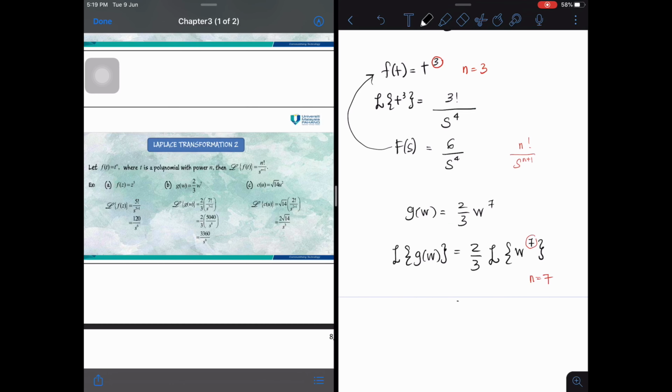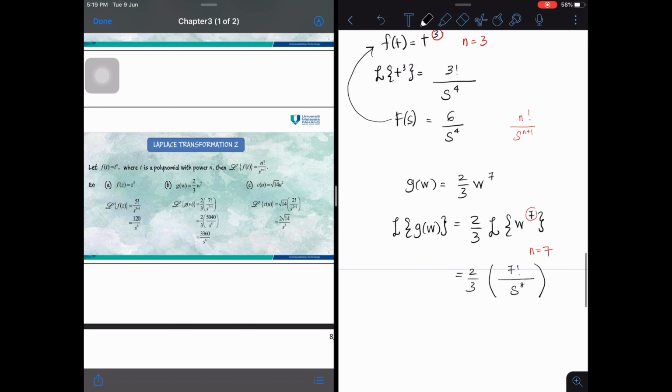Don't forget that we have 2 over 3 in front here. So the Laplace transformation for w to the power of 7 is 7 factorial over s to the power of n plus 1. So n plus 1 is 8. Now you just need to find the value of 7 factorial and simplify this fraction.